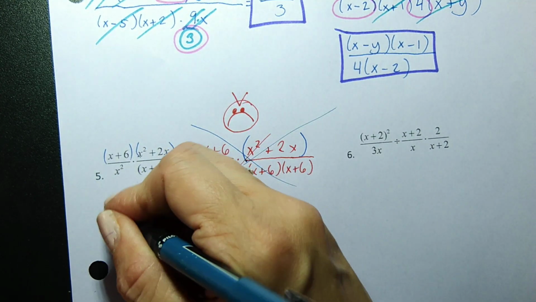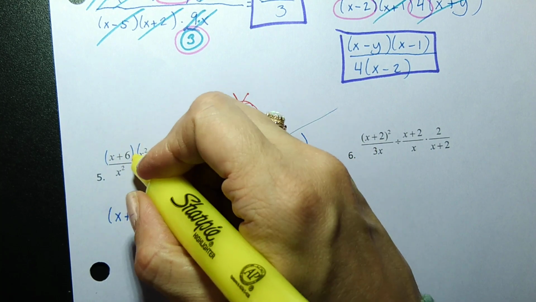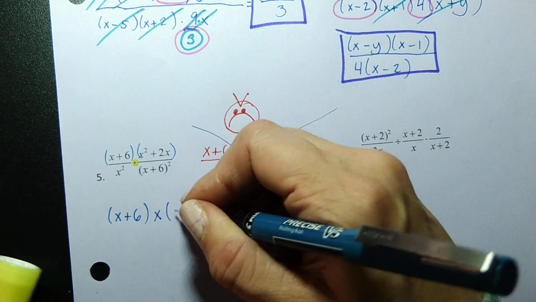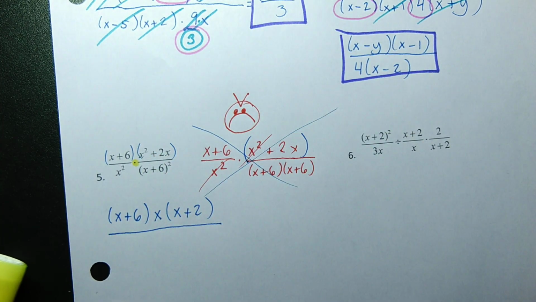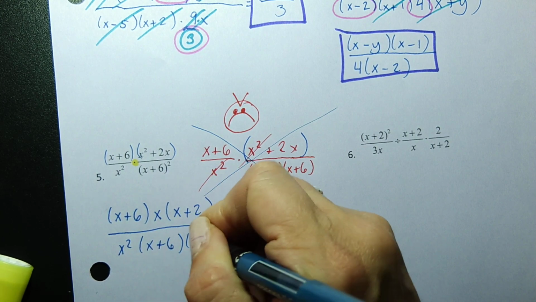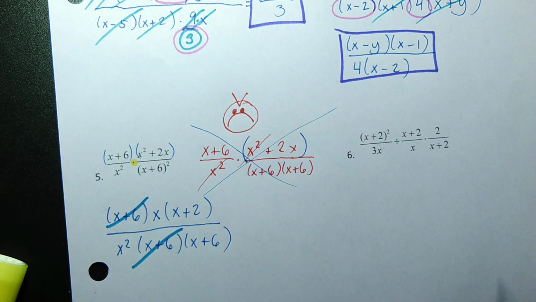Trap those binomials. X plus 6, I can't factor. It's multiplication, so no keep, change, flip. X squared plus 2x, I can take an x out, which leaves me with x plus 2, so take out a GCF. And then on the bottom, x squared, x plus 6, x plus 6. So canceling out x plus 6 and x plus 6.